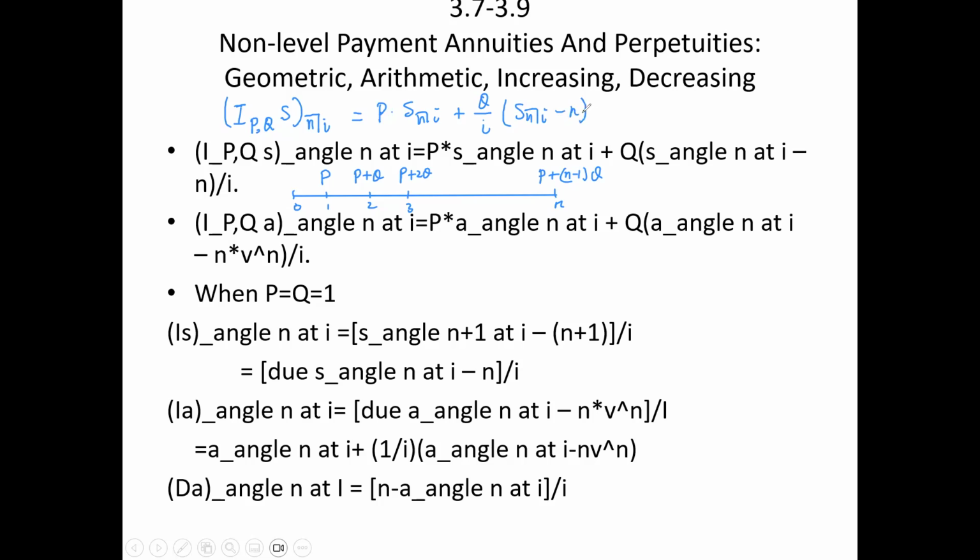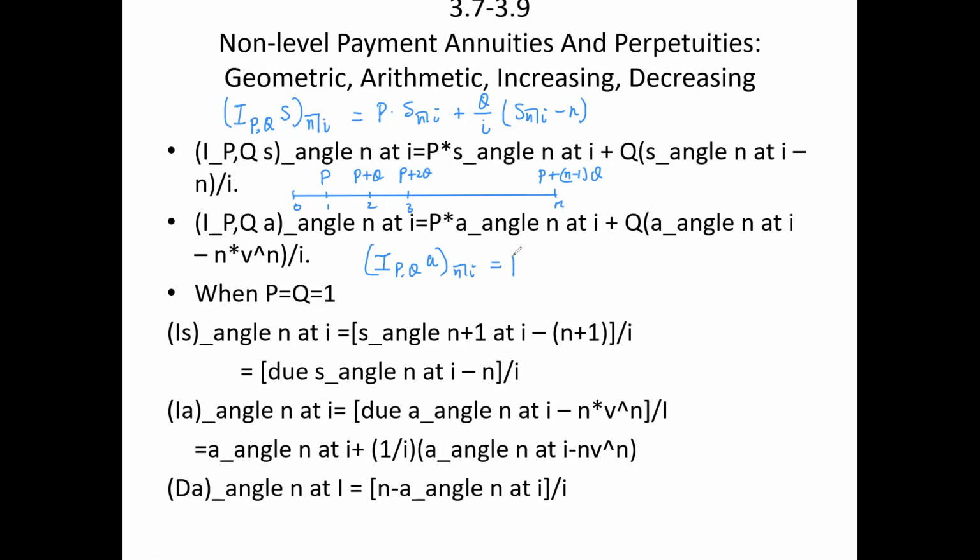Okay, so that's the formula for the future value. The present value is we have I, P, Q, and A here, and n angle I that equals the present value.